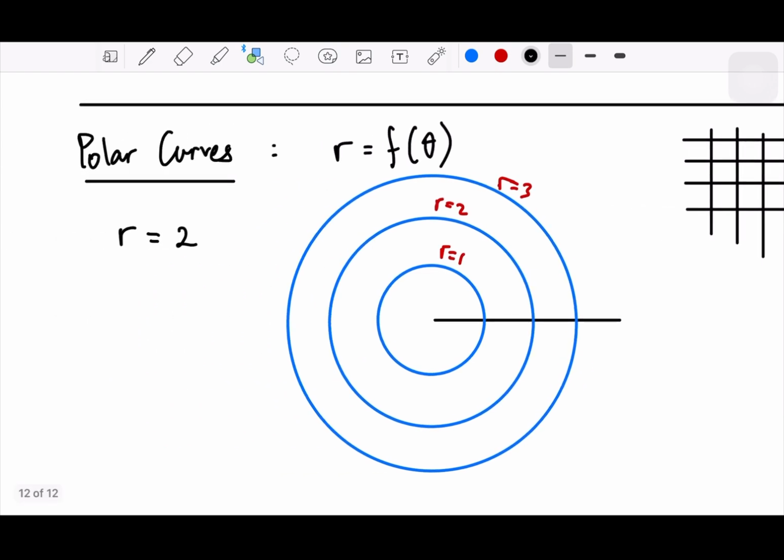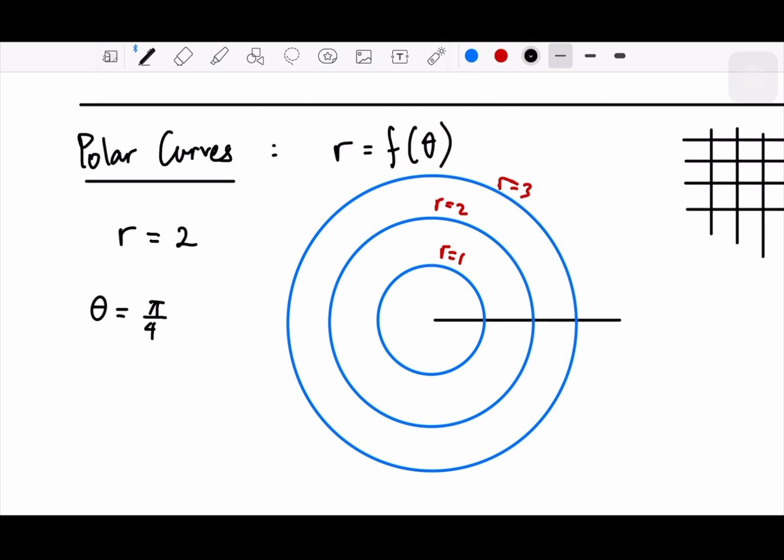So this is when we have r equals 2. But when the angle is constant, let's say the angle is π/4, we have π/4 here.